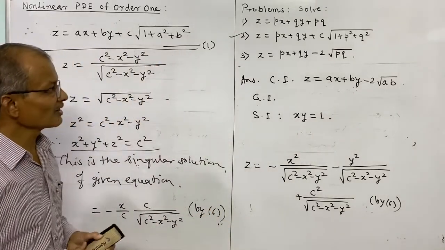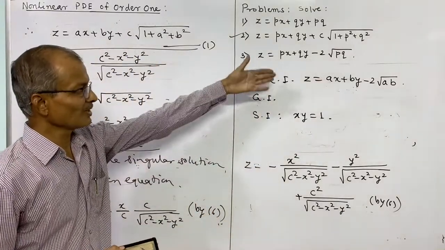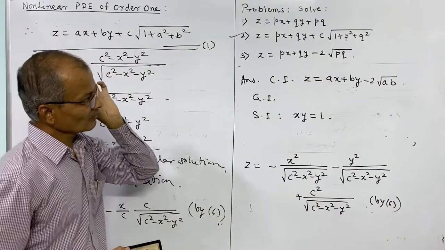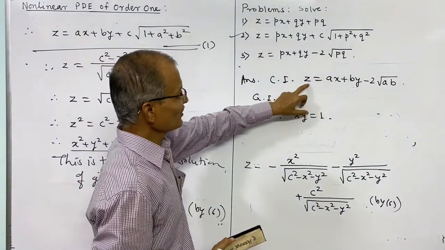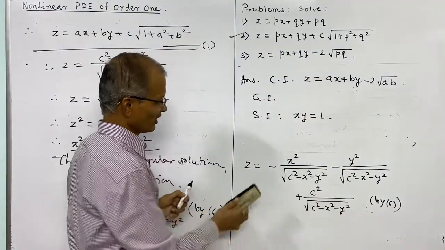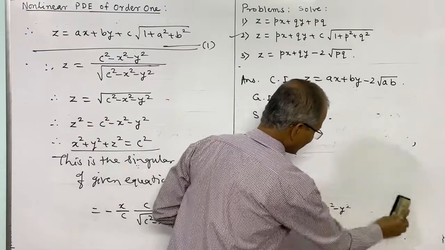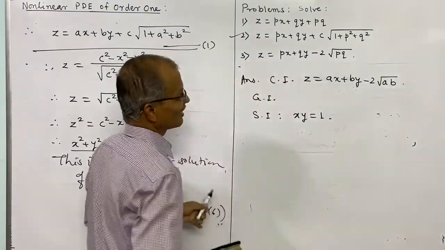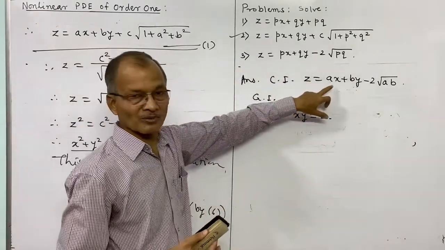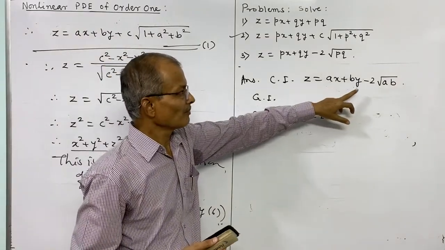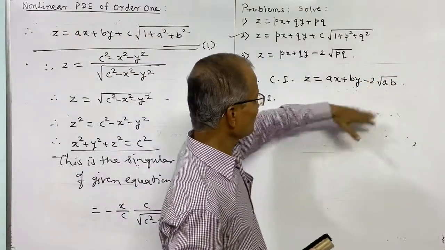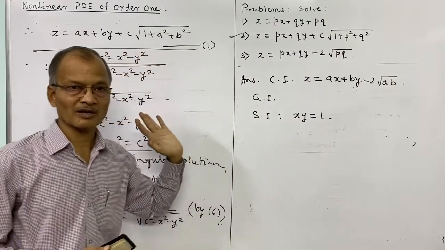So this is the singular integral. You differentiate this partially with respect to a, and what that gives is 0 is equal to x minus etc. You verify this. This is the singular integral.